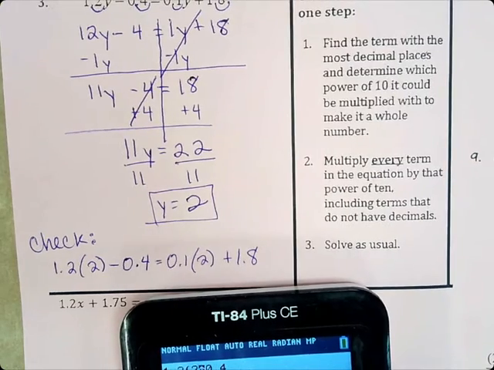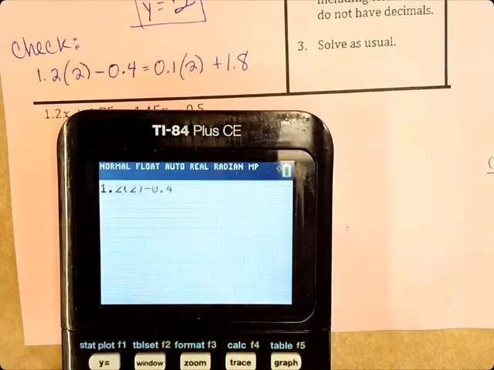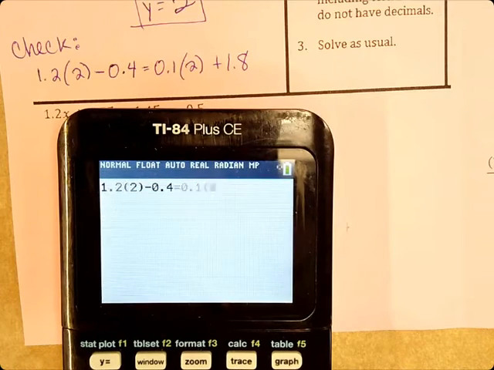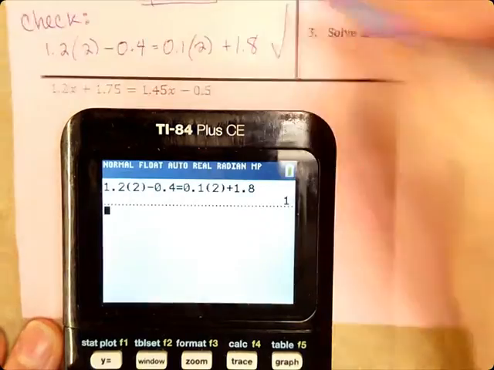Oh, I forgot to put in the parentheses there. And it worked out.